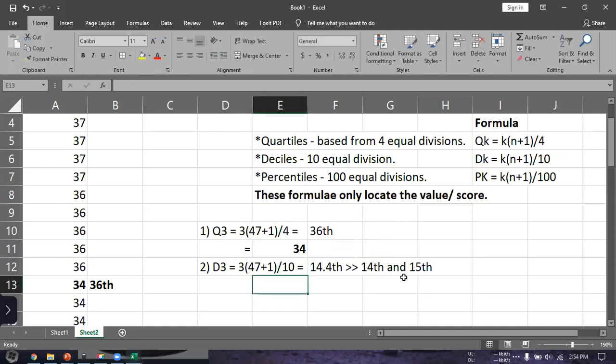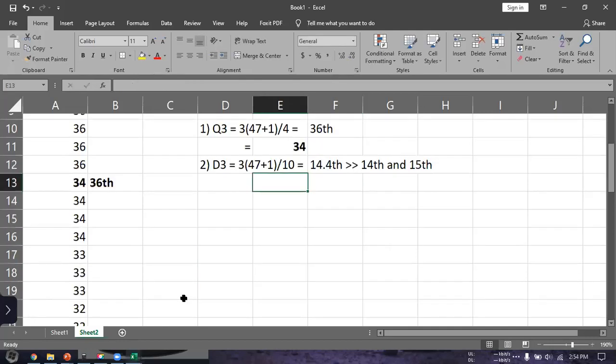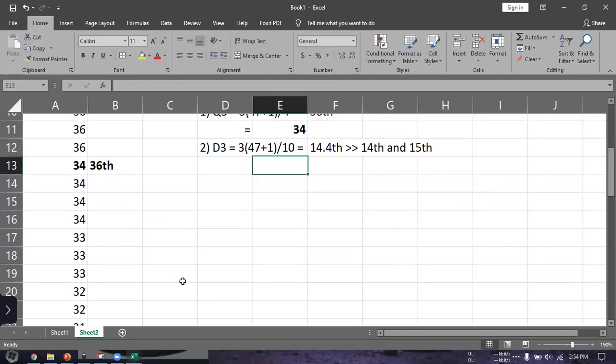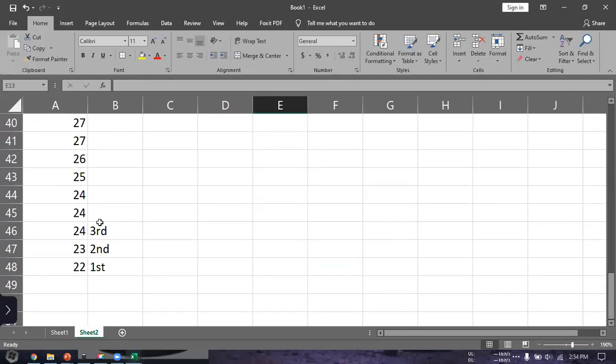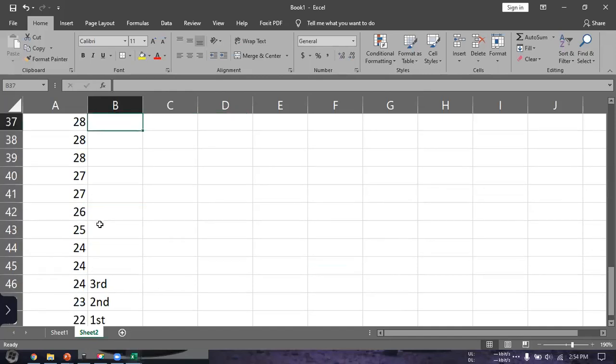So identify those values. 14th and 15th: 3rd, 4th, 5, 6, 7, 8, 9, 10, 11, 12, 13, 14, and 15th.